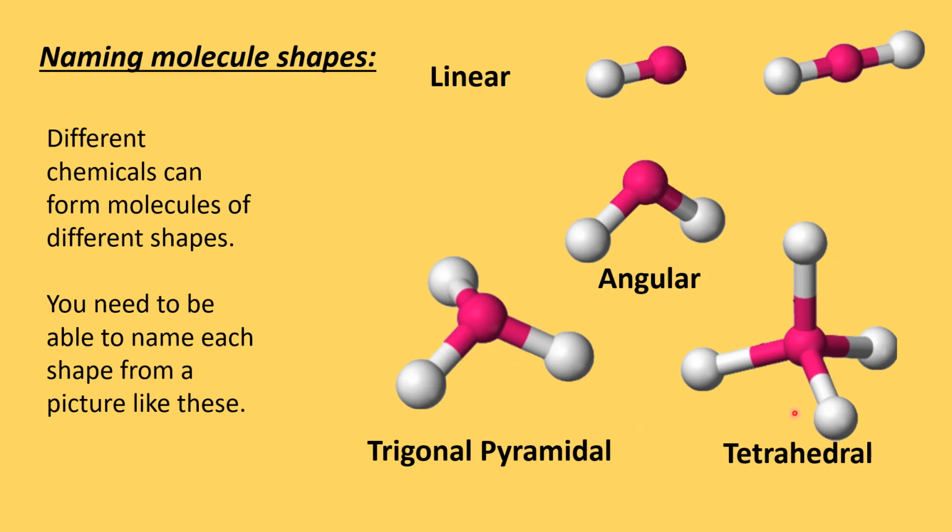The last shape is tetrahedral, which is a bit of a mouthful, but tetrahedral means literally four-faced, and the idea is that you have one atom in the middle with four things joined around it. Each of those four things joined around the center atom are as far away from each other as they can possibly get. So this is a really important shape in chemistry, and it shows how five atoms would join together to make a molecule.